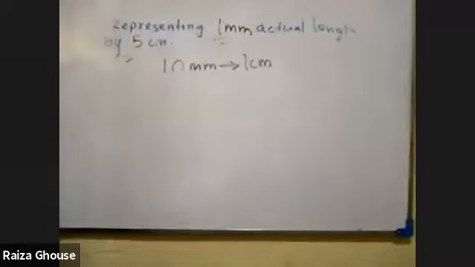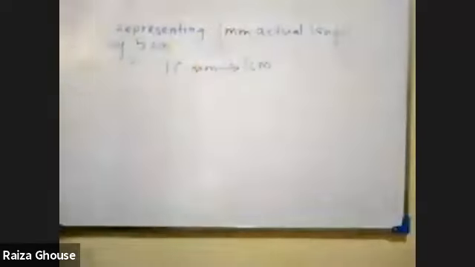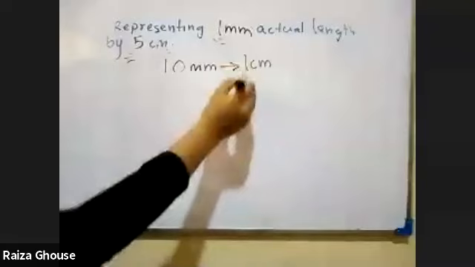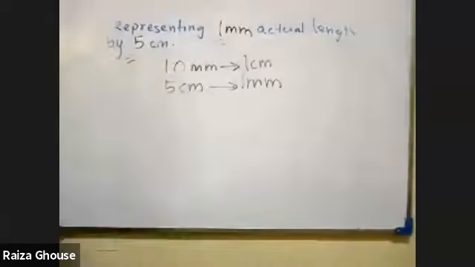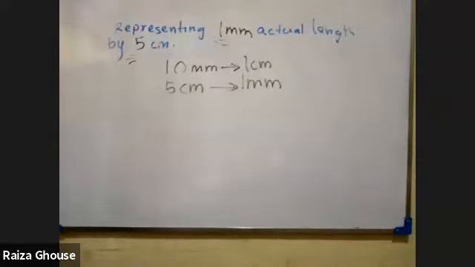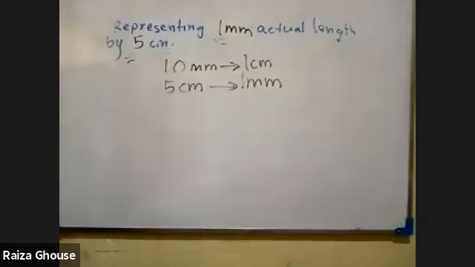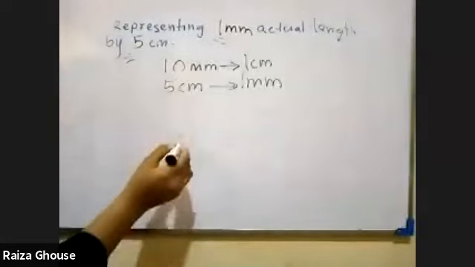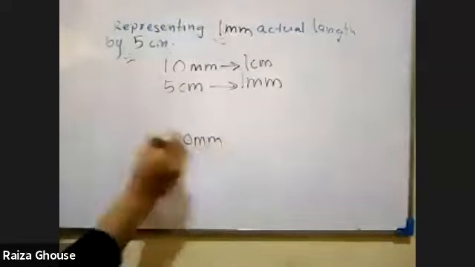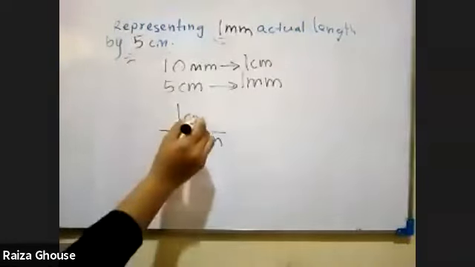Some are asking some other questions also. We'll see. Representing 1 millimeter actual length by 5 centimeter. Convert and tell me 1 millimeter into centimeter now. 10 millimeter is 1 centimeter.